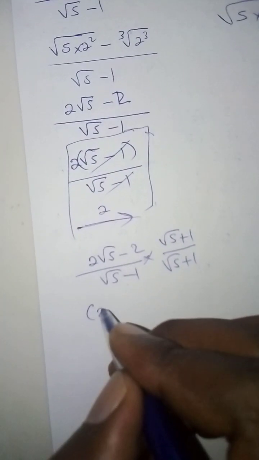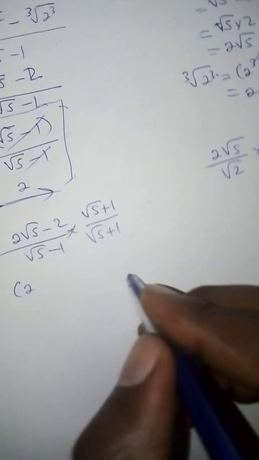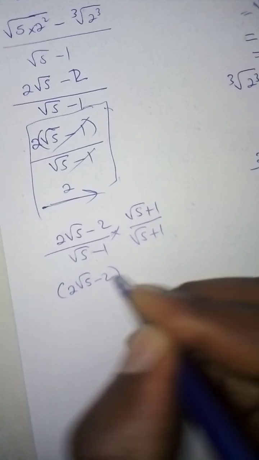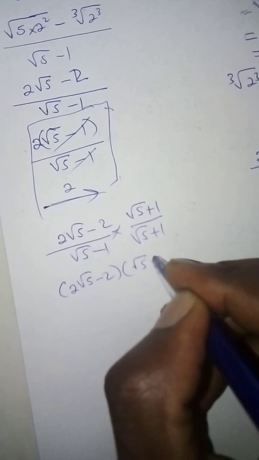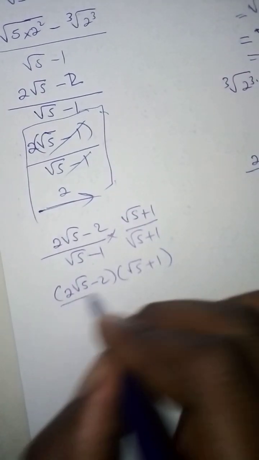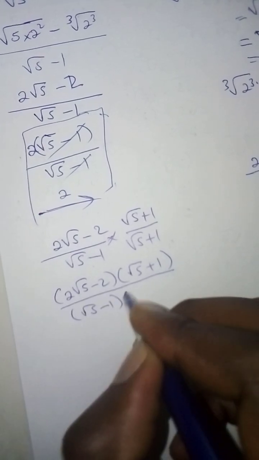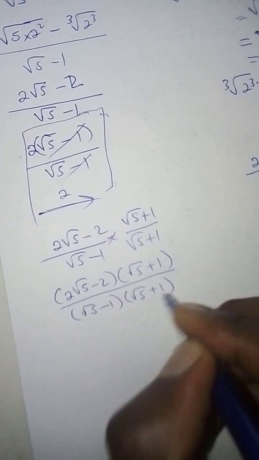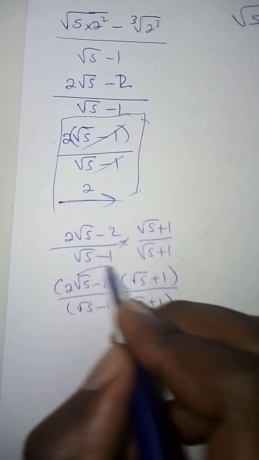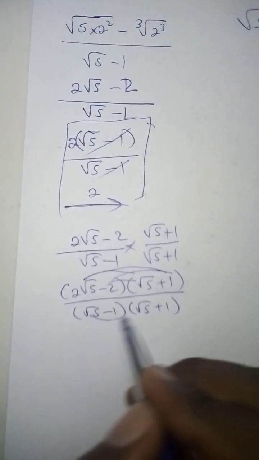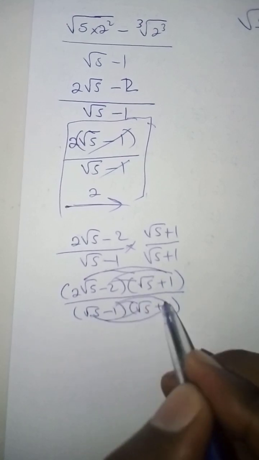So this would mean that we have 2, a square root of 5 minus 2, a square root of 5 plus 1, divided by a square root of 5 minus 1, a square root of 5 plus 1. Right, so from here, this would multiply this, and this will multiply this.